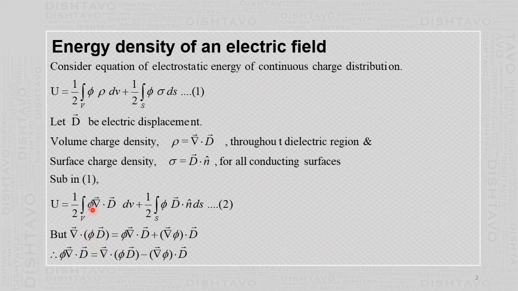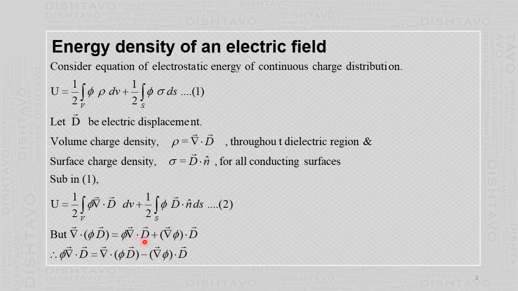Phi is a scalar function, D is another function which is a vector function, and del ordinarily means it is a derivative. So for the derivative of a product, (uv)' is uv' plus u'v. The derivative del dot phi D is the first function phi times the derivative of the second function, but here a dot is there because both are vector quantities.